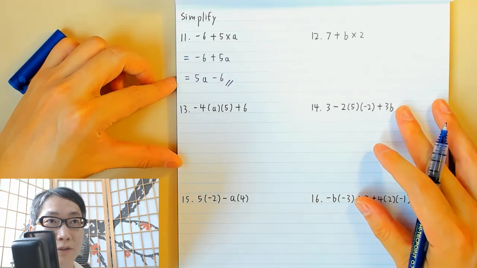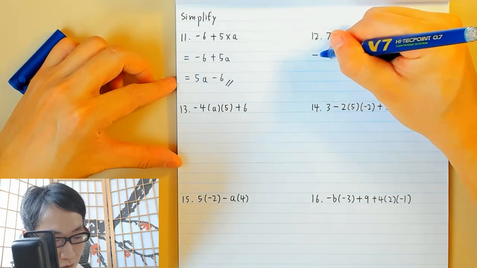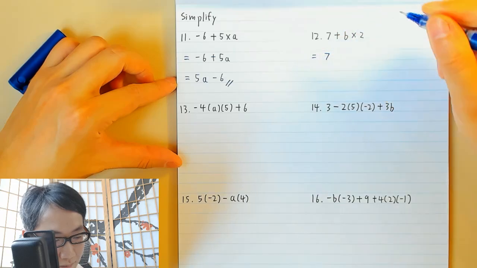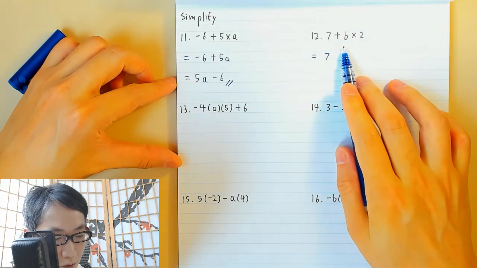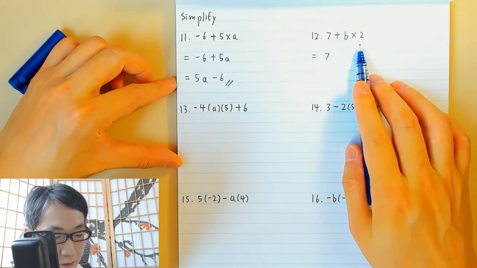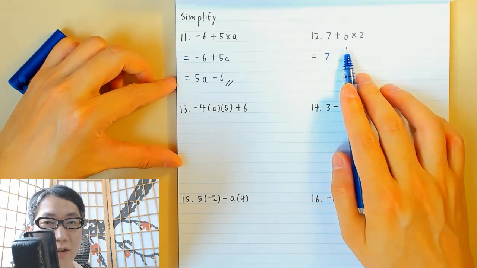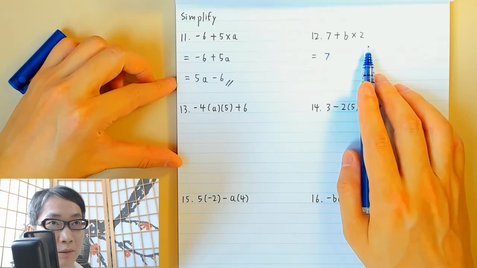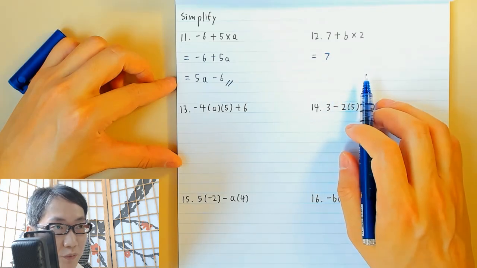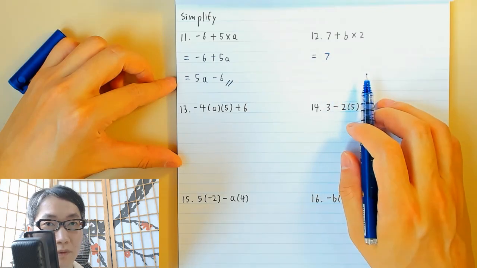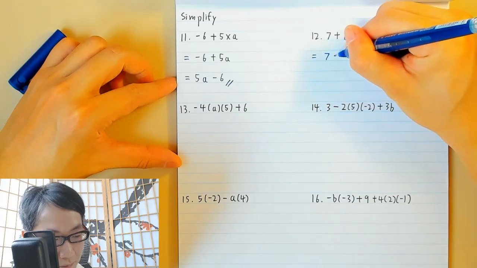So number 12. First term is positive 7. Second term positive b times 2. So we have to execute plus b by 2 times, which means we have plus b, plus b.